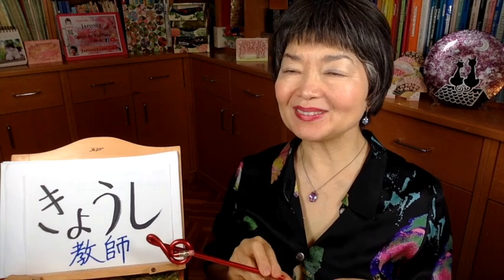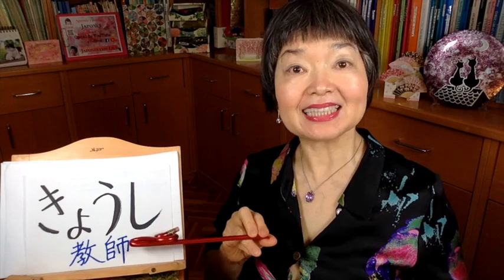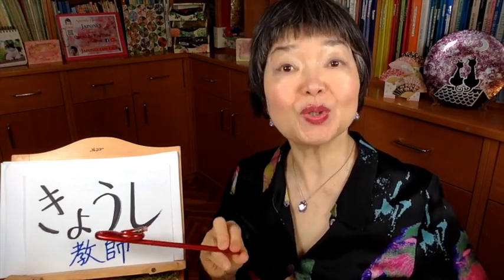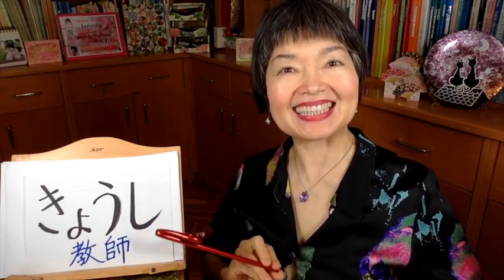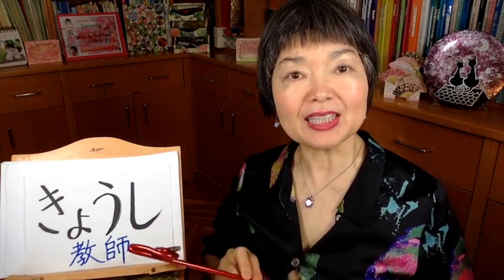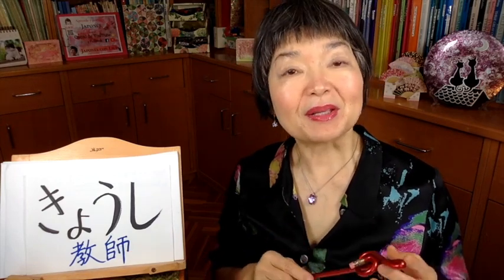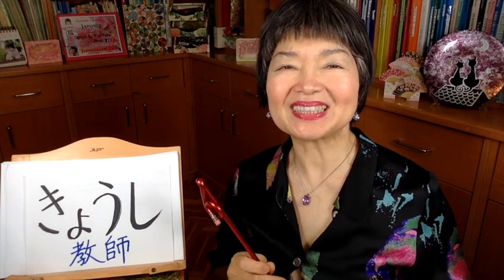教師. Well, this 教 is the same kanji as before, 教えます, to teach. And this 師, this is the person who teaches. So this is a teacher, 教師, but teacher as a profession. Maybe you think, what's the difference between sensei and 教師?